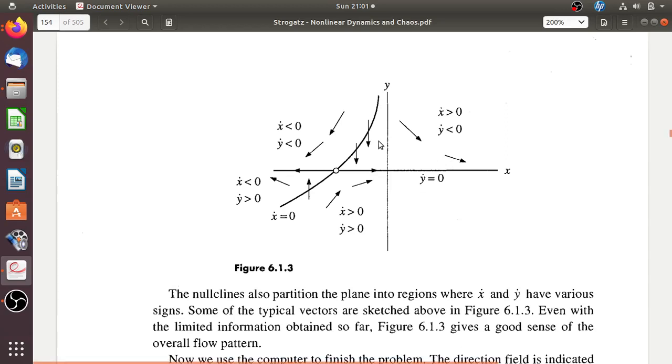Like that we could construct the vector field. And once we construct the vector field, then we could approximately draw the line, and that will provide us the trajectory.